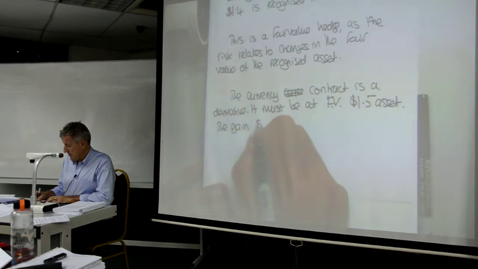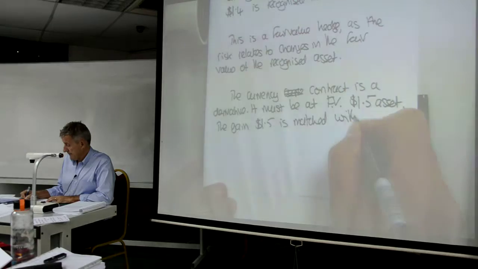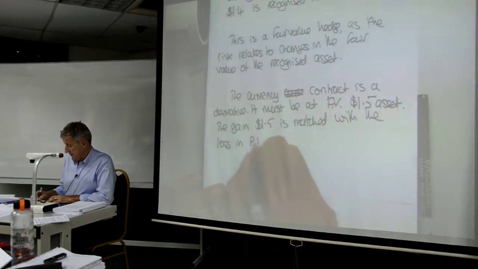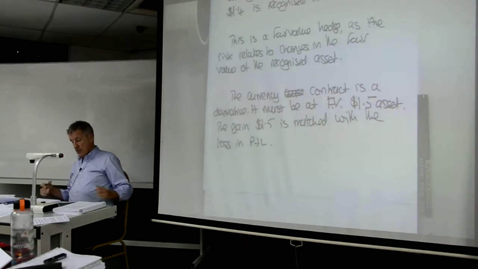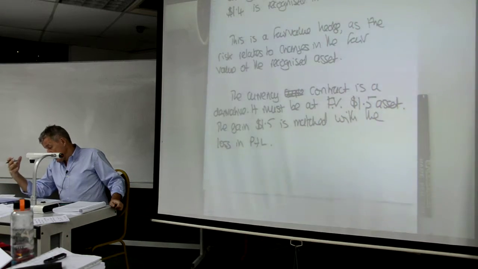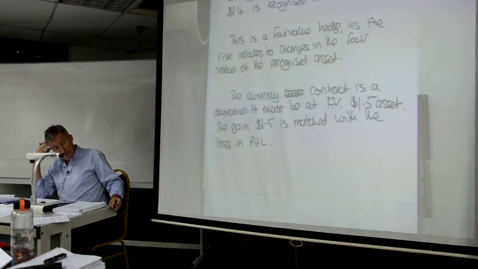The gain of 1.5 is matched with the loss in P&L. So the currency contract is a derivative. It must be at fair value, and the 1.5 asset gives you a gain of 1.5, and this is matched with the loss in the P&L.